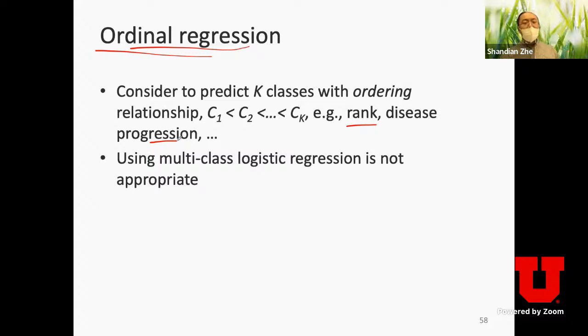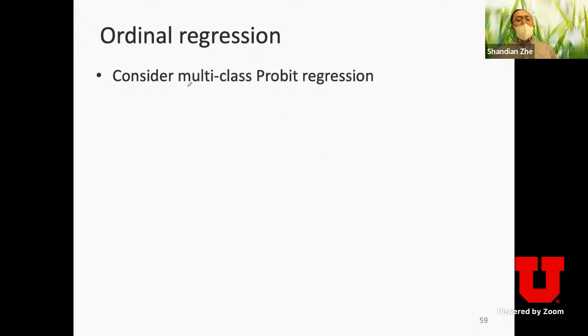So in that case, if you simply use multi-class logistic regression, it's a problem. So how do we encode the ordering relationship into our modeling framework? We're going to use multi-class probit regression, because multi-class logistic regression is not very natural.